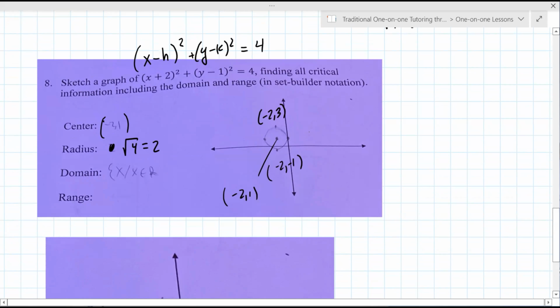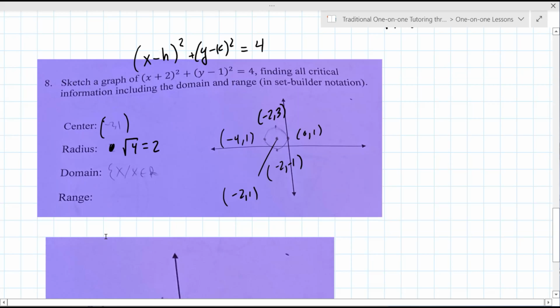Going to the right affects the x values, so that becomes 0, comma, 1, because you're just adding the radius each time. And going left, the leftmost point on the circle is minus 4, comma, 1.